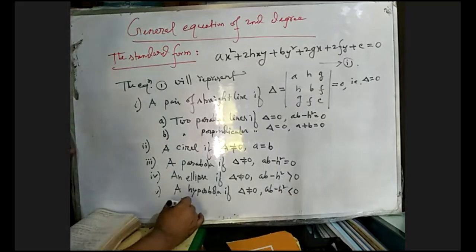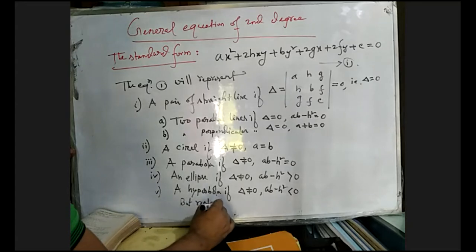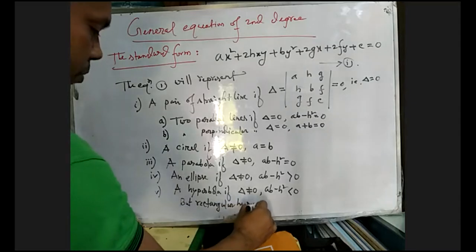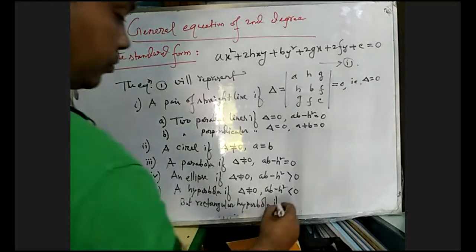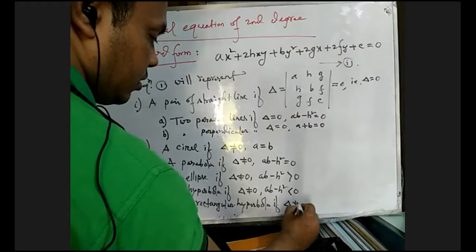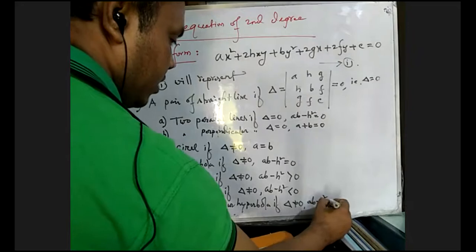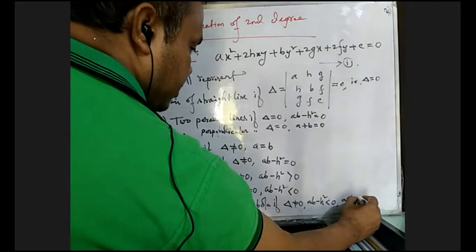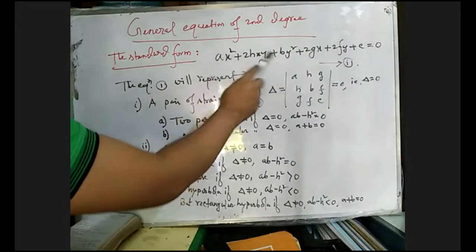But a rectangular hyperbola, if this is the same and ab minus h square is less than 0, and another condition is added: a plus b equals 0. The coefficient of x square and the coefficient of y square, their sum a plus b will be 0.